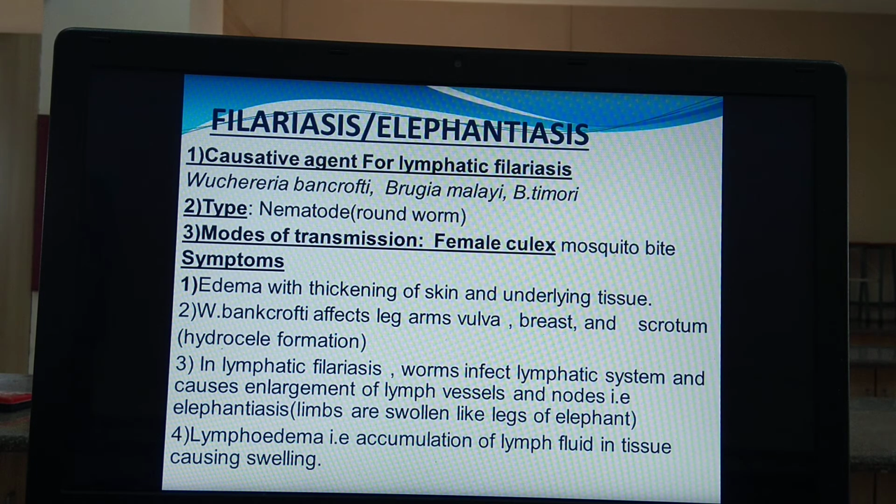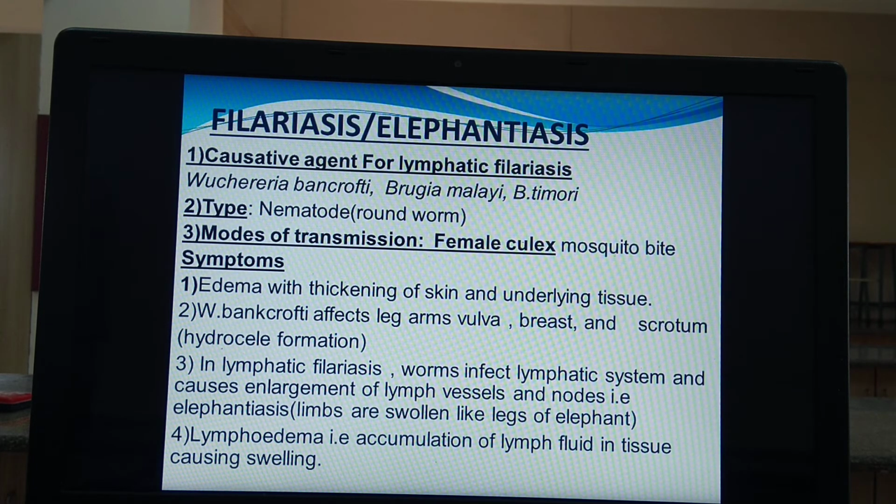First of all, we will see the causative agent for lymphatic filariasis. The causative agents are Wuchereria bancrofti, Brugia malayi and Brugia timori. What kind of pathogen is it? It is a nematode, also called a roundworm.